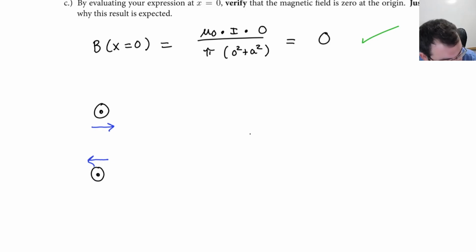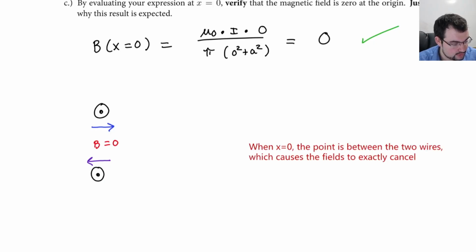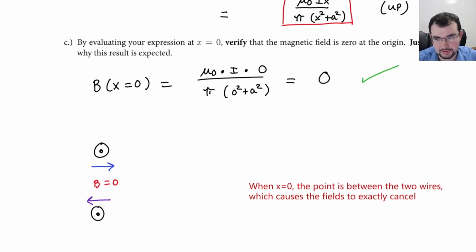And notice you'd exactly get our expected result of fields cancel right at the center, right? Because we have a left and a right. So when x equals 0, the point is between the two wires, which causes the fields to exactly cancel, so of course we get 0 field.